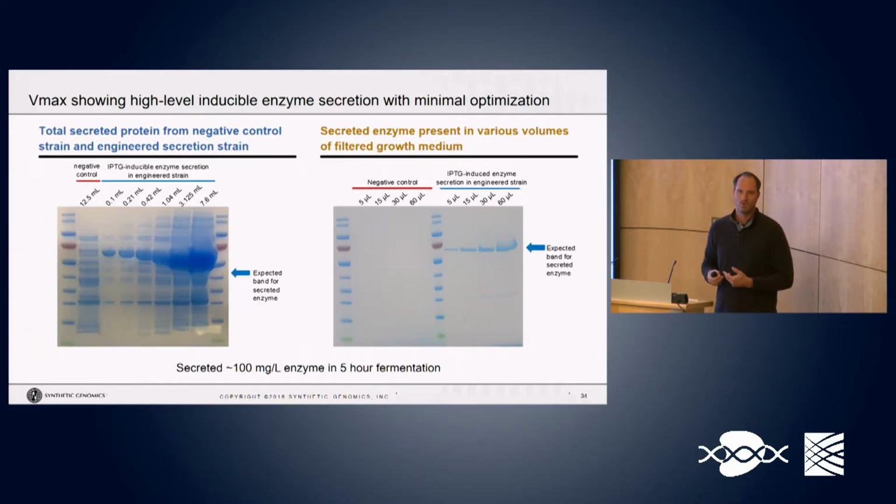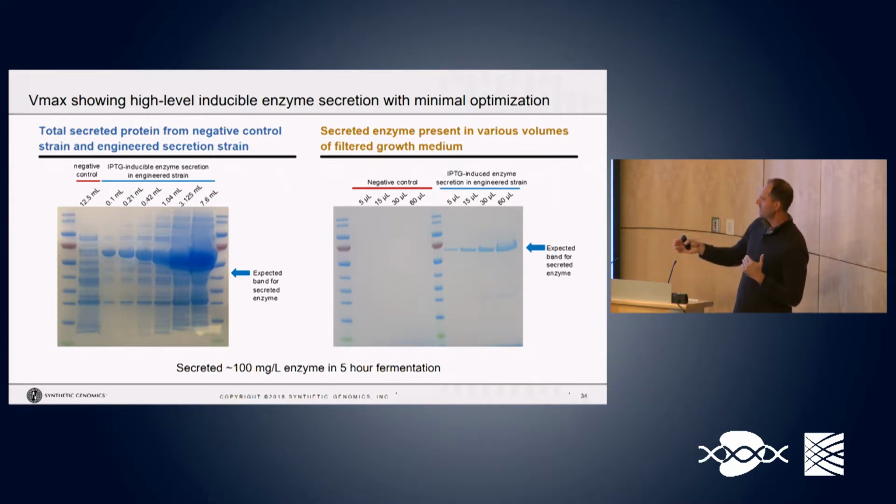We've shown that if you grow the Vmax cells in the presence of sucrose, there's an enzyme called 11-sucrase, which is secreted, which makes sense because that's the enzyme responsible for breaking the sucrose down into glucose and fructose.